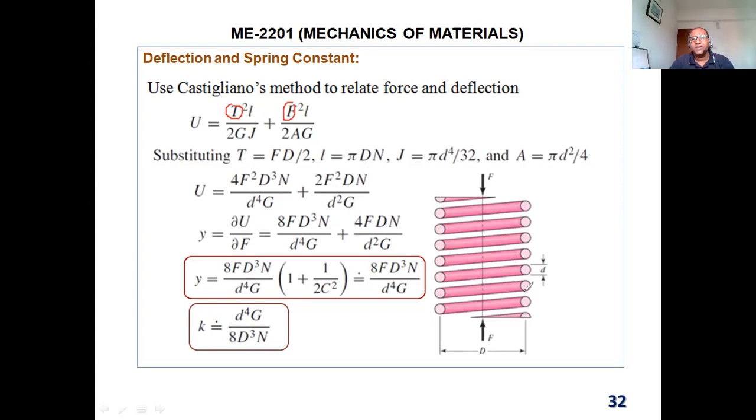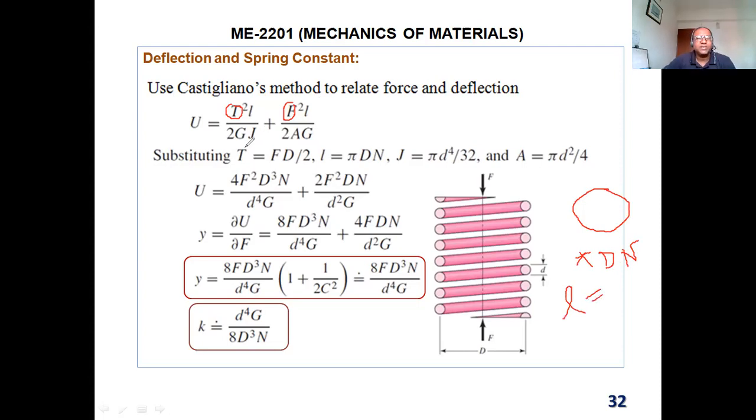L means the total length of wire in the spring. How to figure it out? You figure out one turn. What is the length of one turn? Length will be 2 pi r, or you can say pi D. And you have N turns, so it is n number of turns multiplied by pi D. So this will be the length L of the wire.